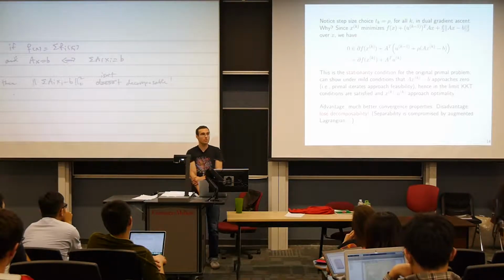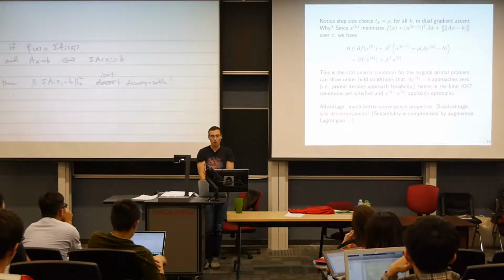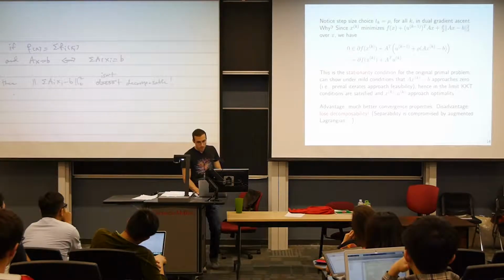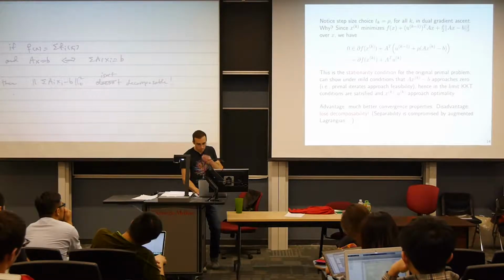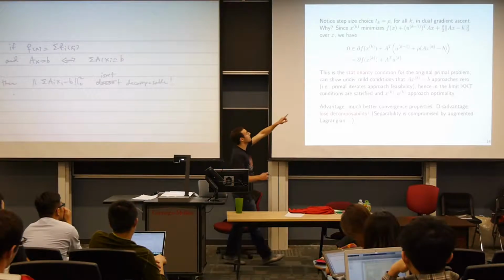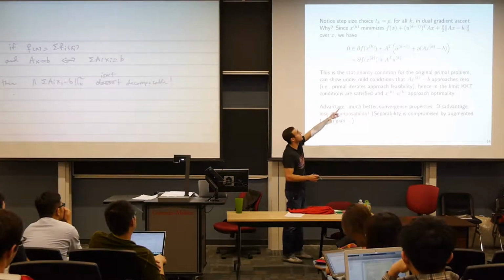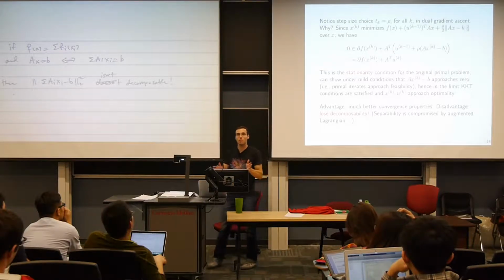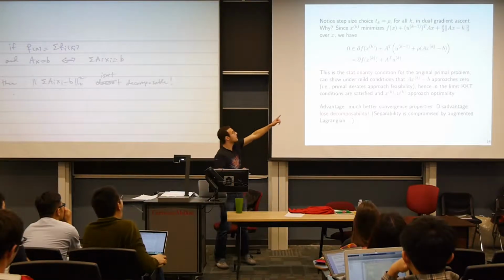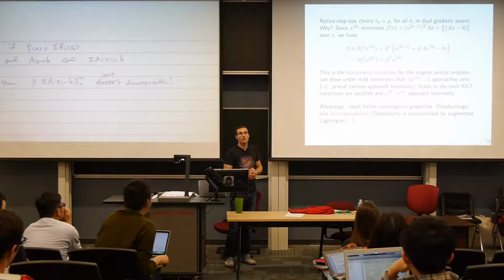Why? By construction, because x_k minimizes f of x plus u transpose Ax plus rho over 2 norm of Ax minus b squared. That's how we choose x_k at the kth step, to minimize that quantity.